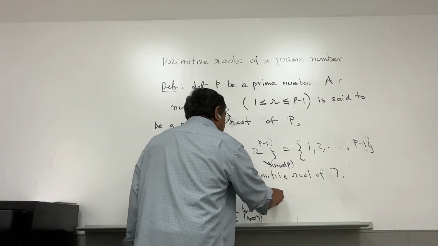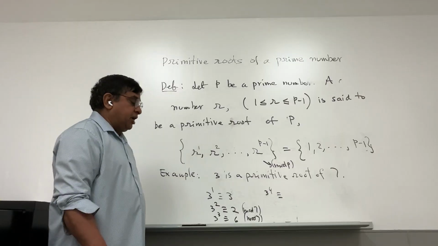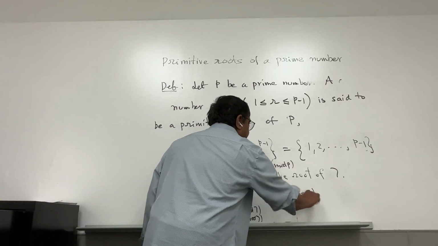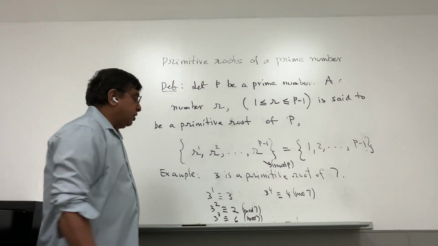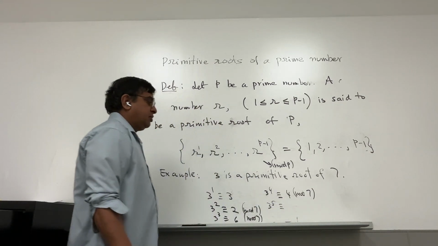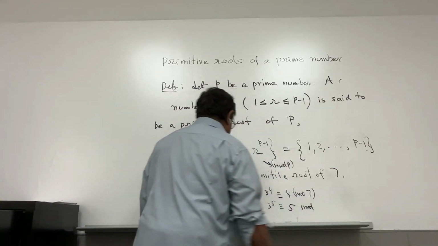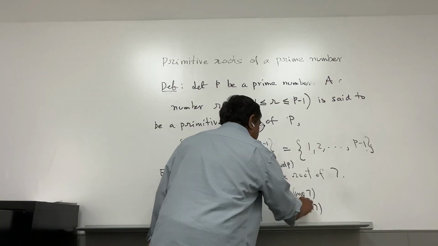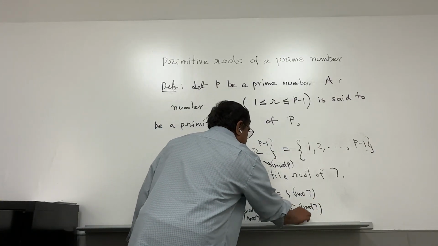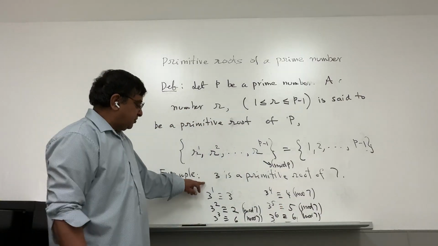3 to the power of 4 is 81, that's 4 mod 7. 3 to the power of 5 is 5 mod 7, and 3 to the power of 6 is congruent to 1 mod 7.